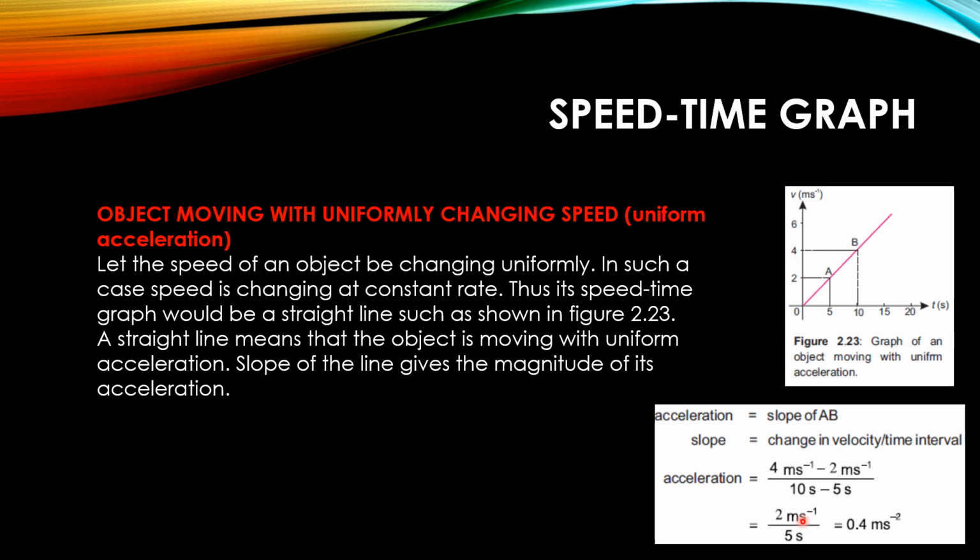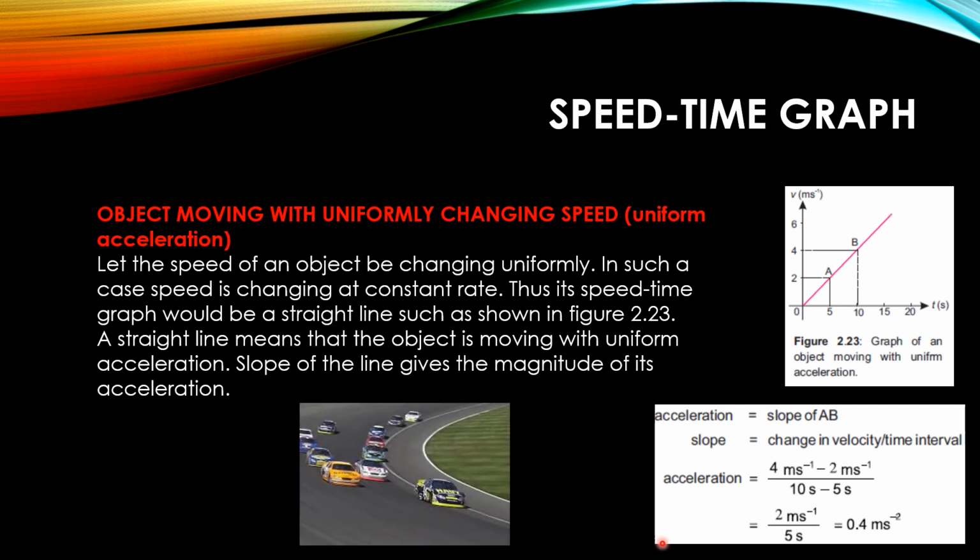So we get 2 by 5, which equals 0.4 meter per second square. So with the help of the graph we can find the uniform acceleration. This figure shows different cars moving with variable speeds.